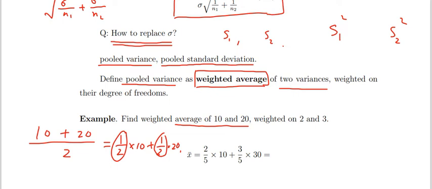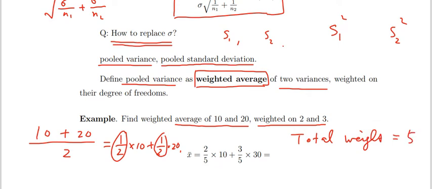If not the same, for example, we weight the 10 by 2 and the 20 by 3, so 20 is weighted more. The total weight equals 5, right?